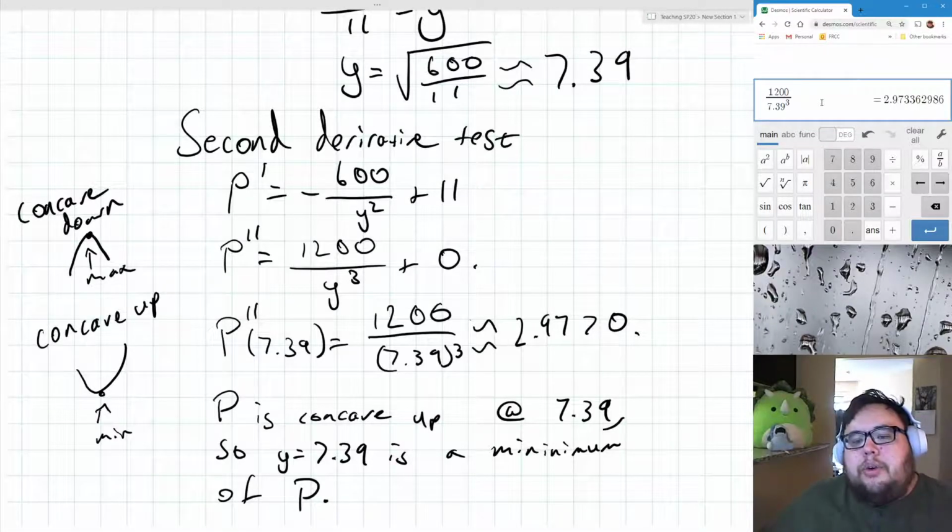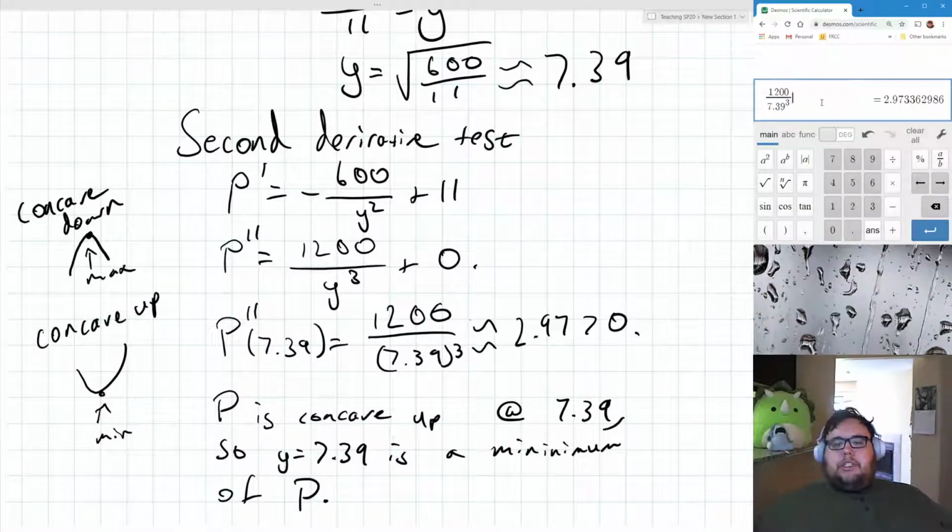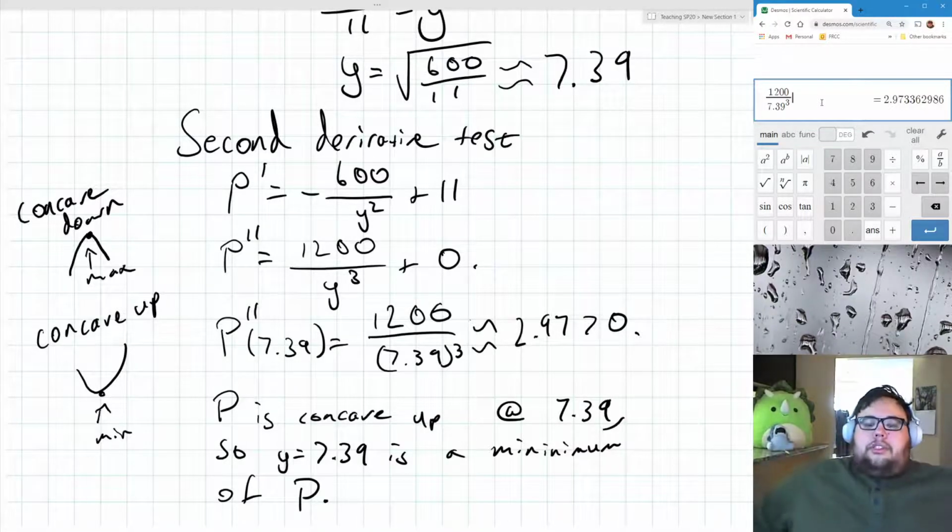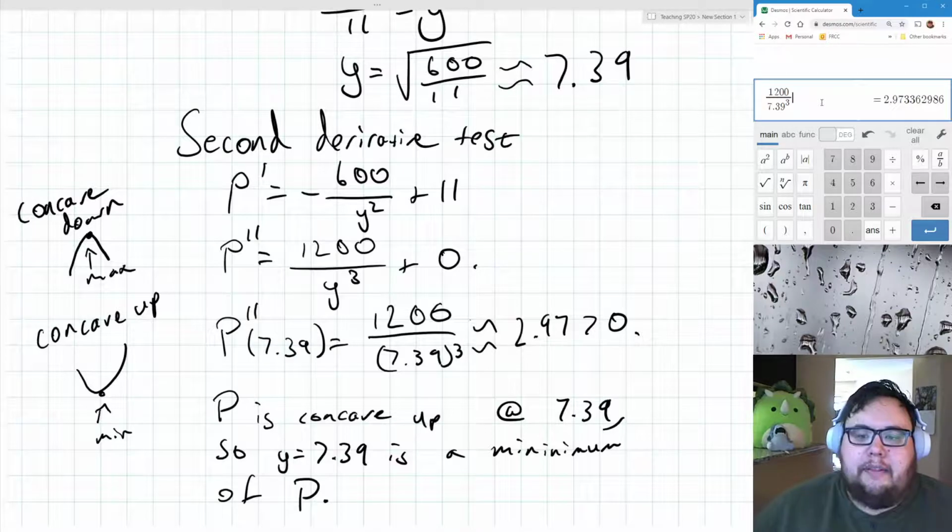Yes. Your second derivative being positive means that your function is concave up. Second derivative being negative means that your function is concave down. The second derivative being 0 technically doesn't tell you if the function is concave up or concave down. It could be neither, or it could be one or the other. You can't be concave up and concave down at the same time. They are mutually exclusive conditions. But second derivative of 0 doesn't tell you what the concavity is, so you can't tell if your function has a maximum or a minimum.